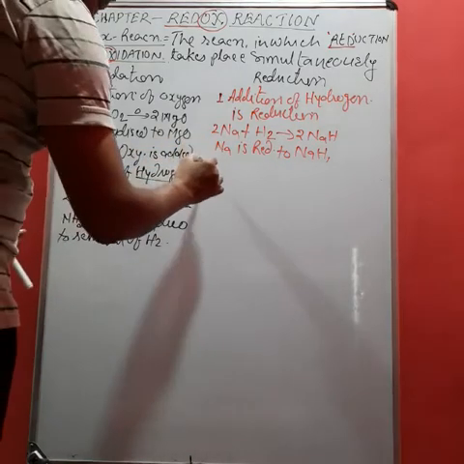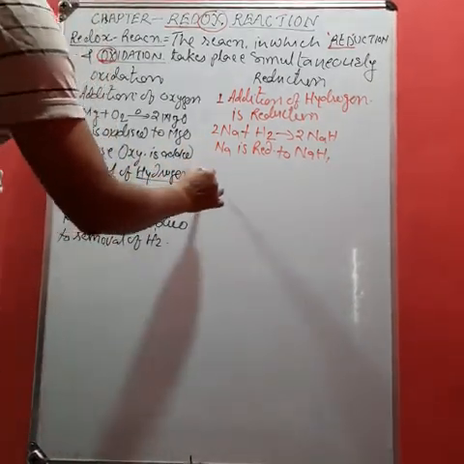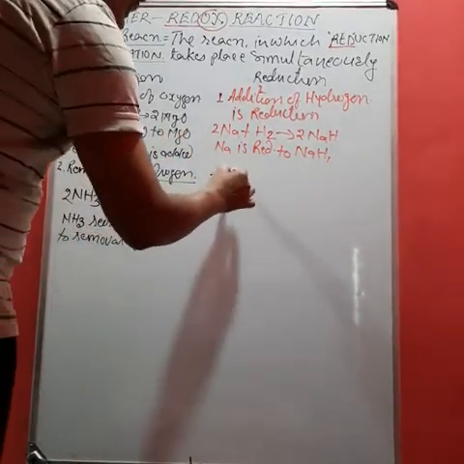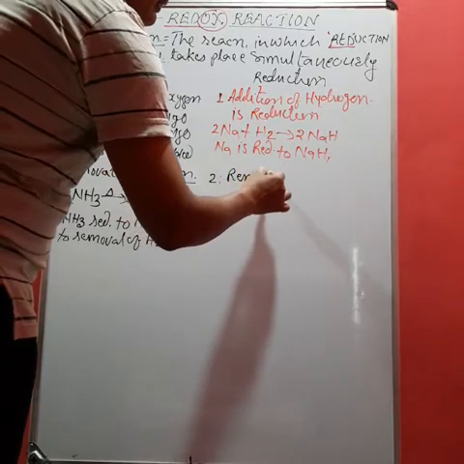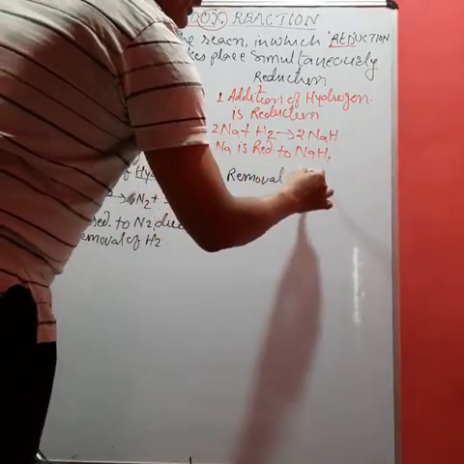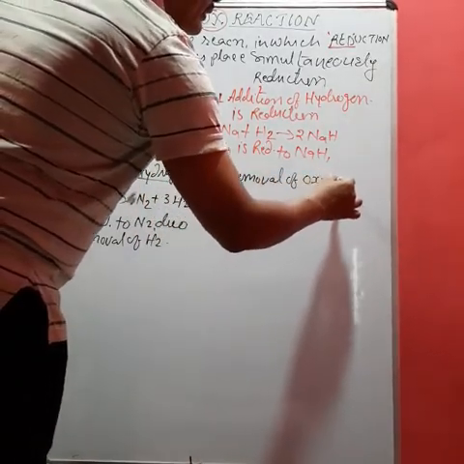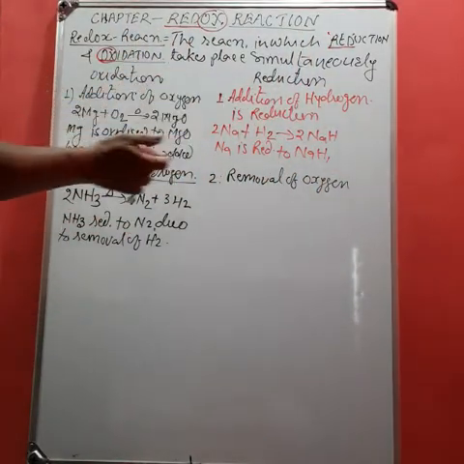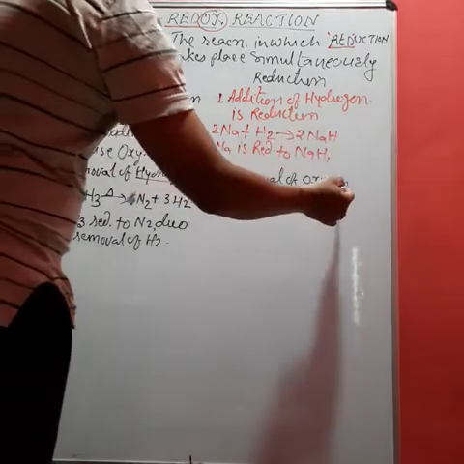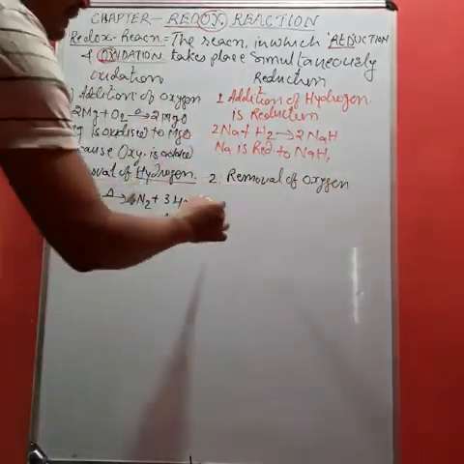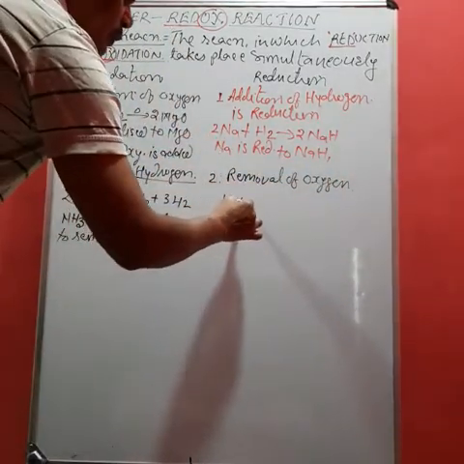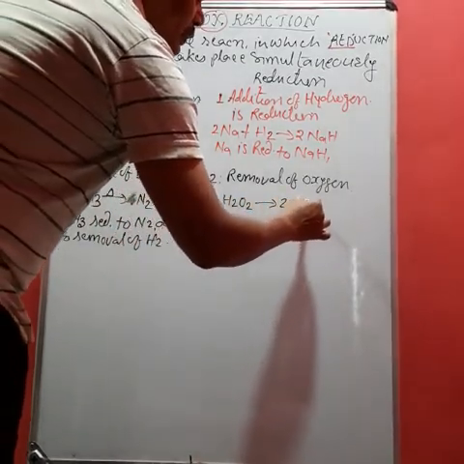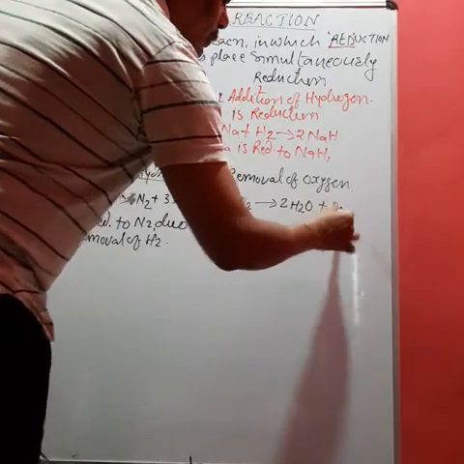Similarly, here we can say it's just the opposite. What will be the opposite part? Its opposite part will be removal of oxygen. Removal of oxygen is known as reduction.